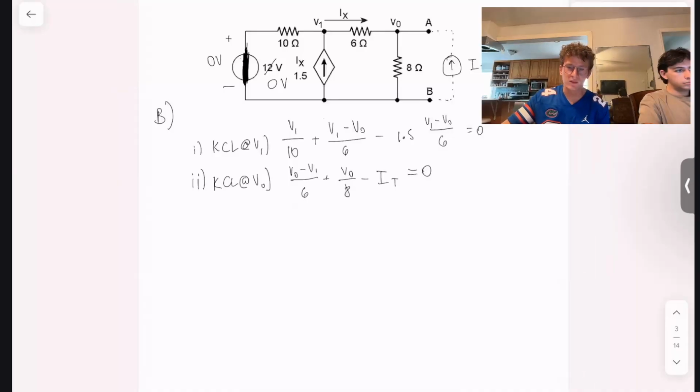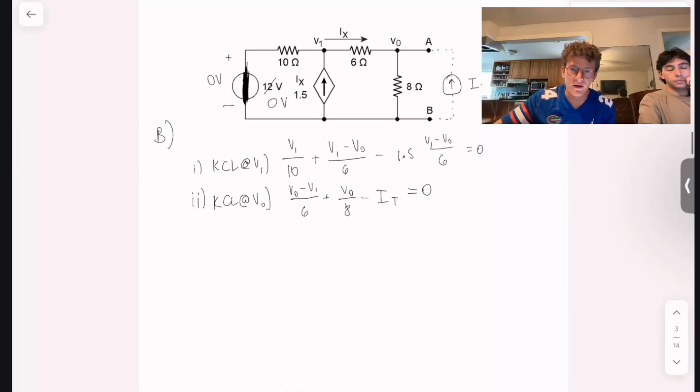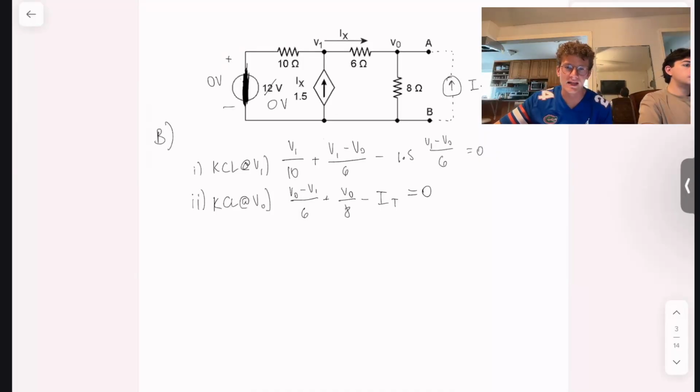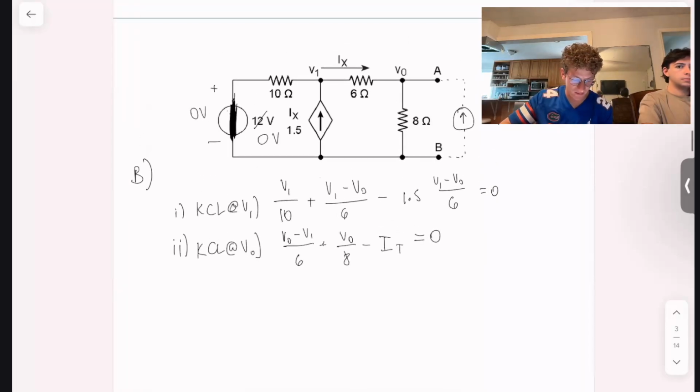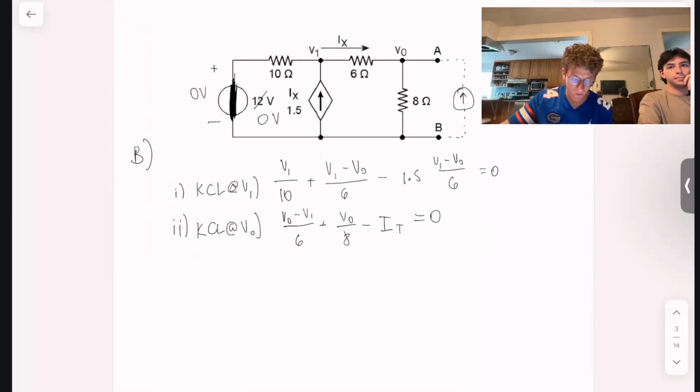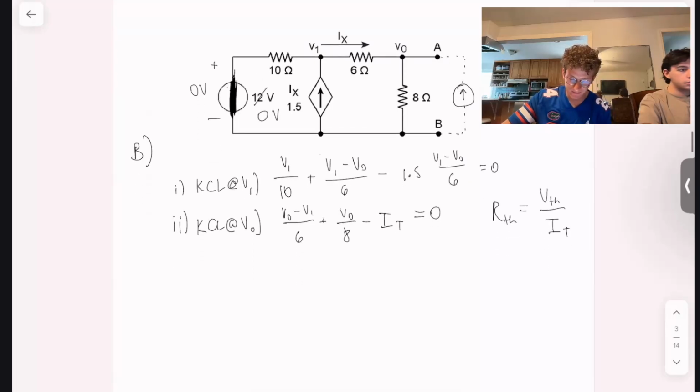So this is what trips a lot of people up: you have 3 unknowns, but only 2 KCL equations. But one thing that is important to remember is that we're solving for RThevenin, which is equal to VThevenin over our iTest value down here.